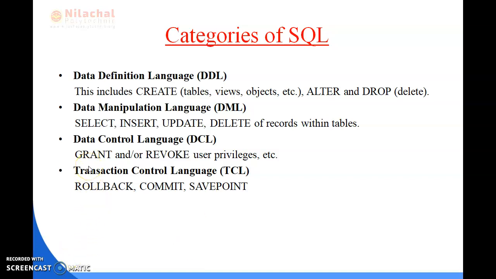Okay. Next, the last one, transaction control language: rollback, commit, savepoint. So rollback means going back on the transactions. Commit means save the transactions, and savepoint is the marking in between the transactions. So DDL is an auto-committed command. Once we do the create, it is created. We don't need to write commit, it is automatically saved. But when we insert or update, we have to write commit for saving the transactions.